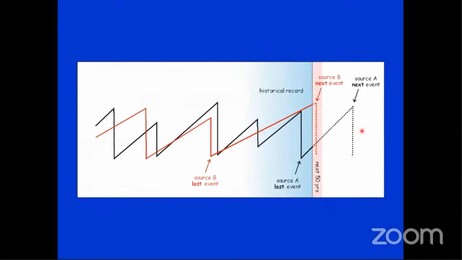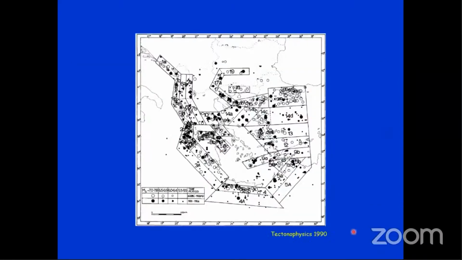I would say that this trivial observation likely also explains the frequent surprises in the occurrence of recent events. An example already shown by Spiro, but which I commonly use: in 1990 this map was published, based solely on seismological data, both historical and instrumental, and this map could not predict two major events. In particular, the Kozani 1995 event occurred in an area that was characterized as a rigid aseismic block.